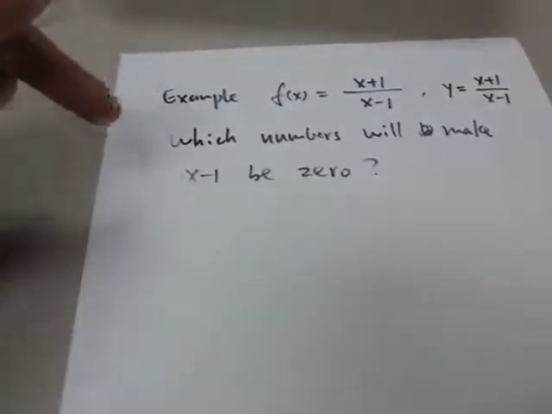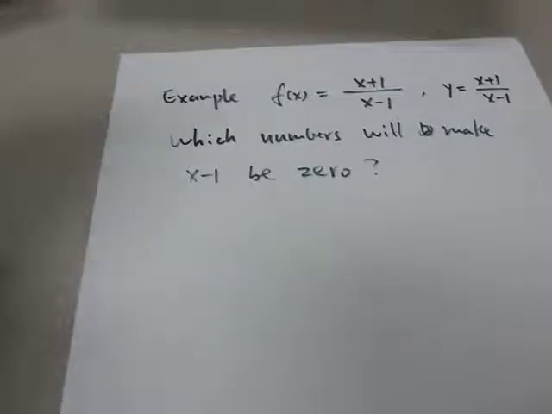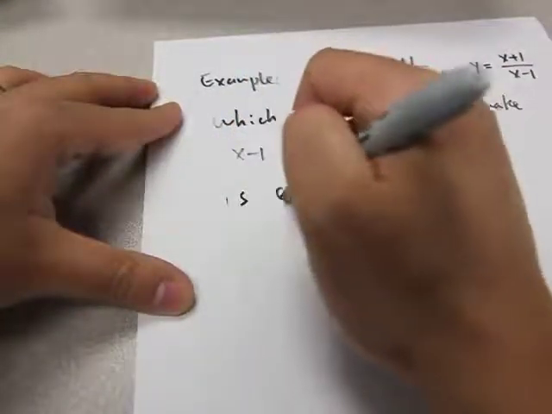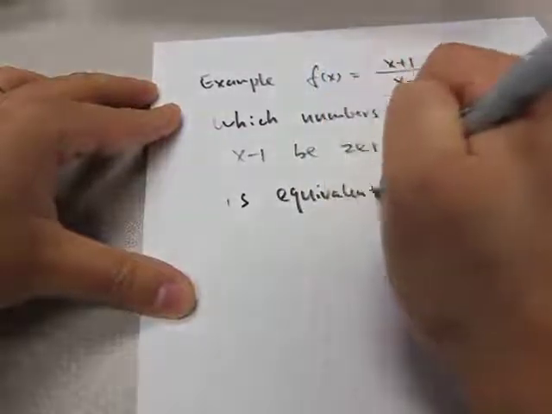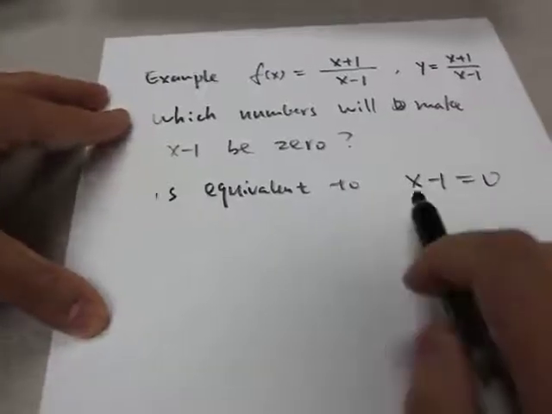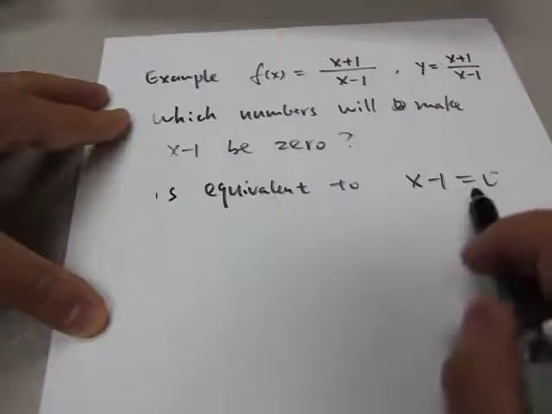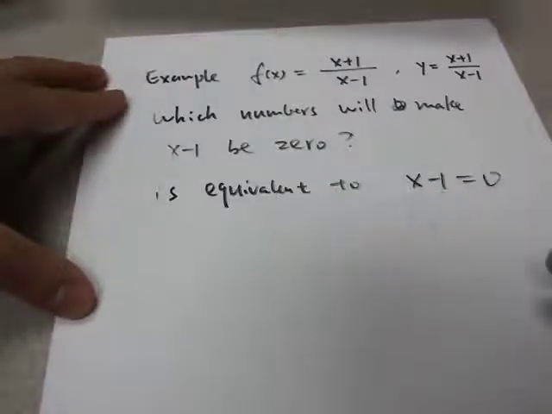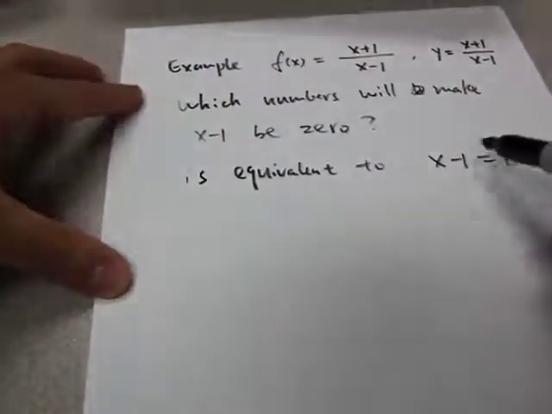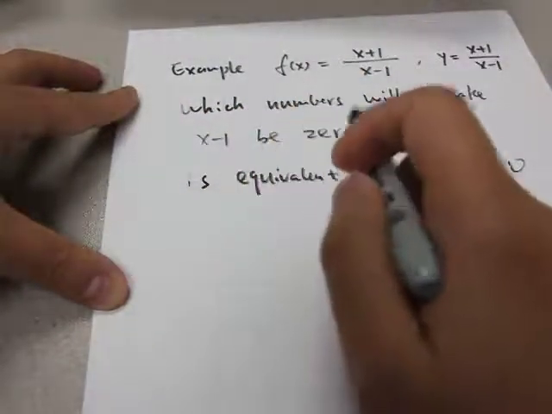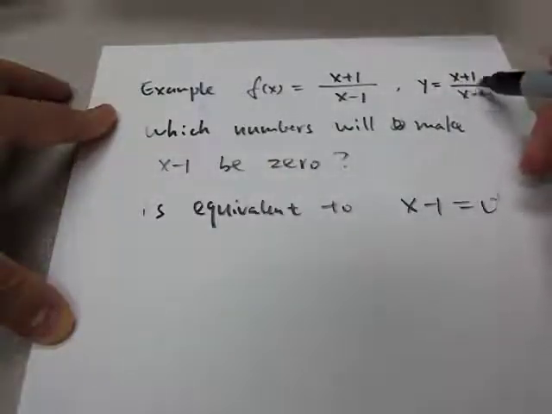Now this question is equivalent to: what is the solution to this equation, right? What is the solution to this equation? Because 1 minus 1 equals 0, the solution is 1. Therefore, the number 1 will make x minus 1 be 0. So the number 1 will make the denominator be 0.